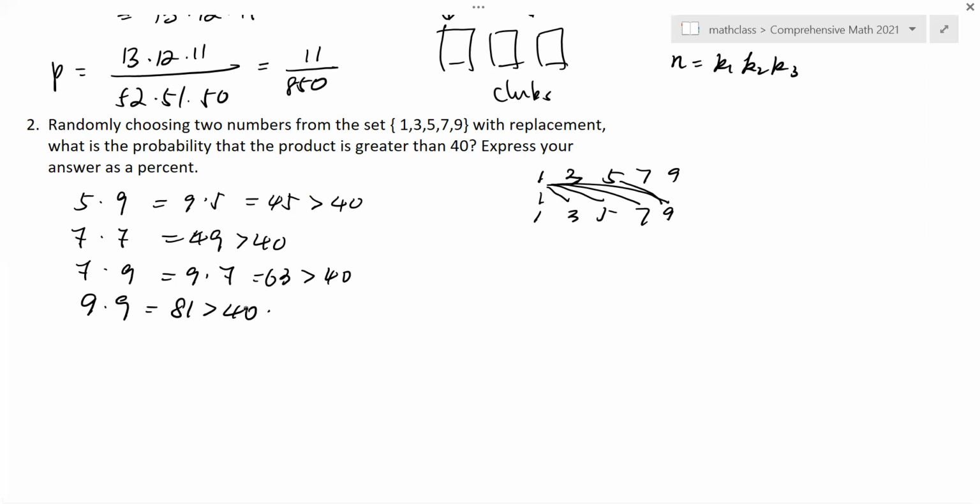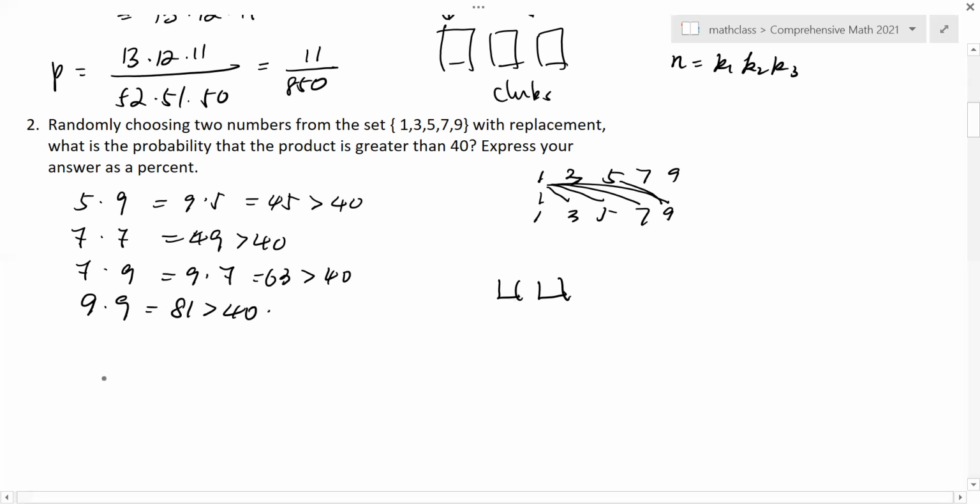Since you're going to write down 2 digits, for each box the digits can be any of these 5.